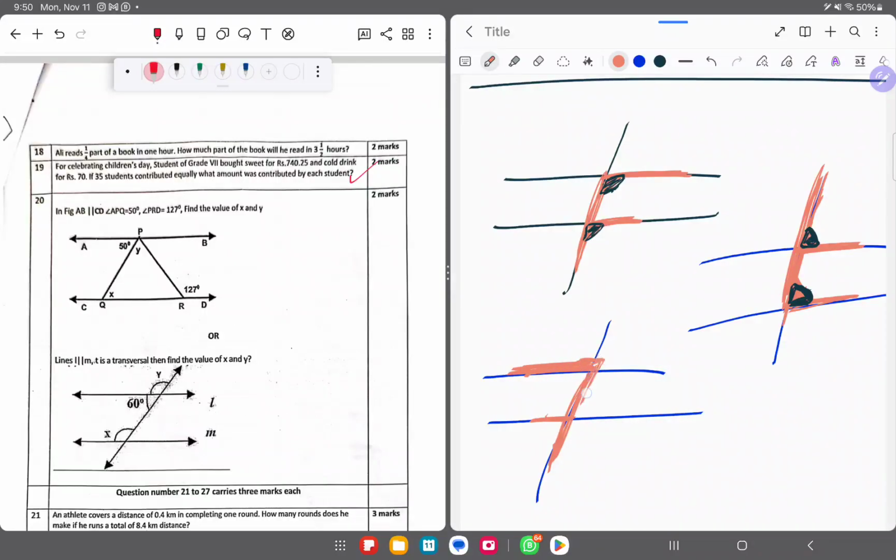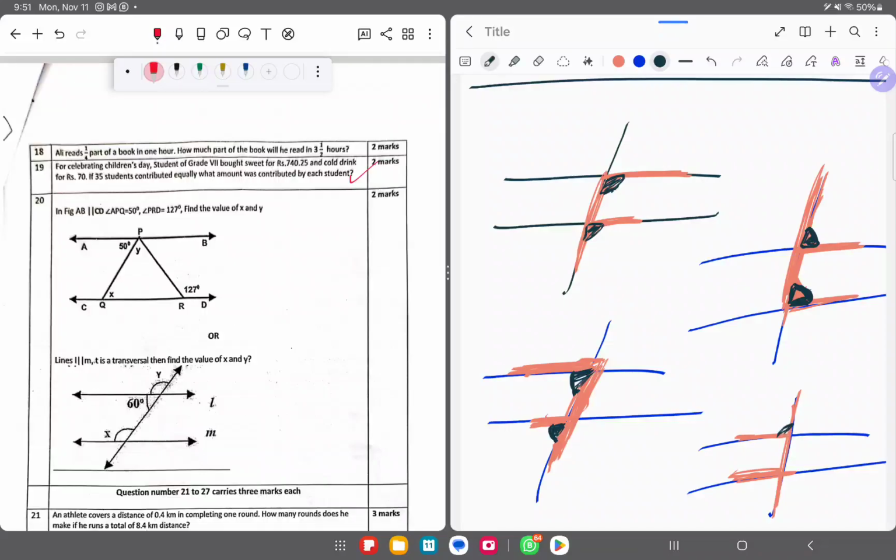So this one and this one. Usually the ones in the corners of the F. If this one is on the left as well, so this one is here and here.